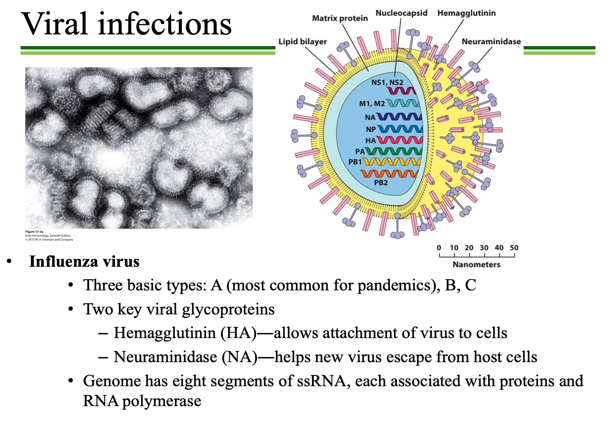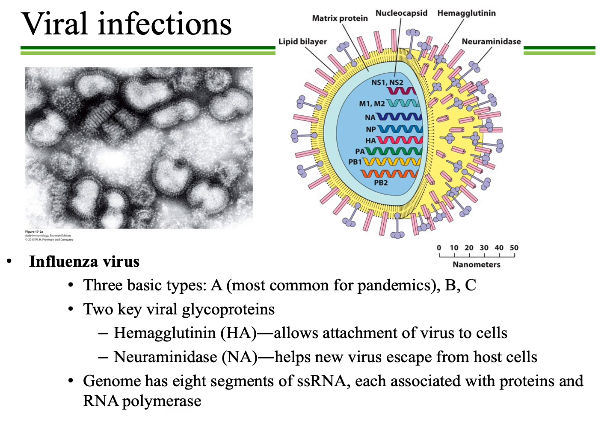Now we can look at one specific type of virus, the influenza virus, in a little more detail. This particular virus is known to come in 3 different basic types, type A, B, and C. All of the influenza viruses do in fact have 2 key viral components that are glycoproteins, which just means they're proteins that have a carbohydrate linkage associated with them.